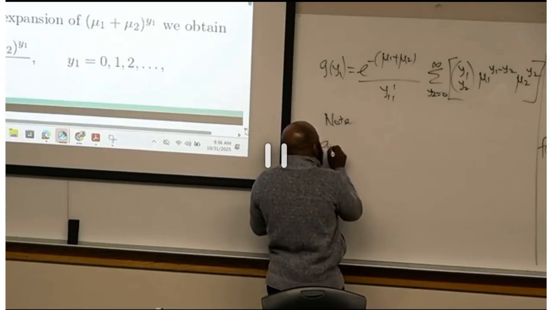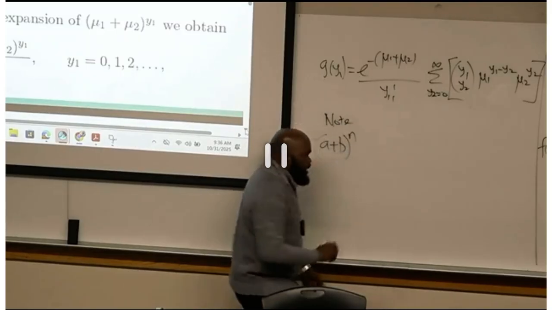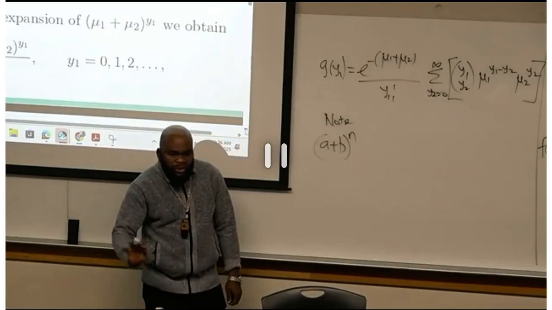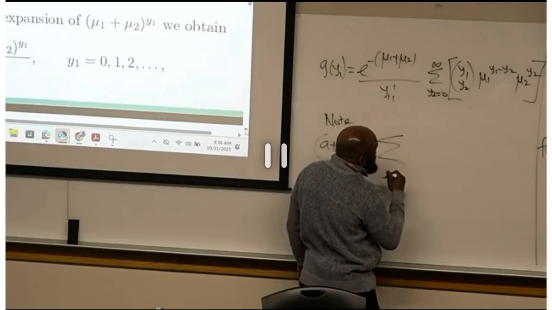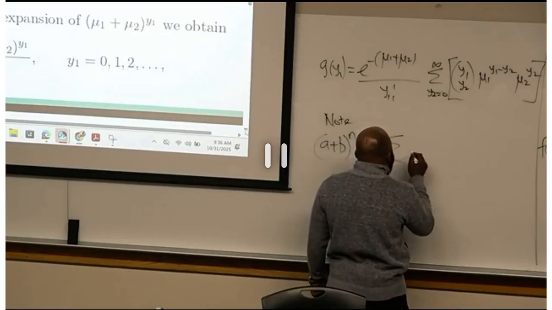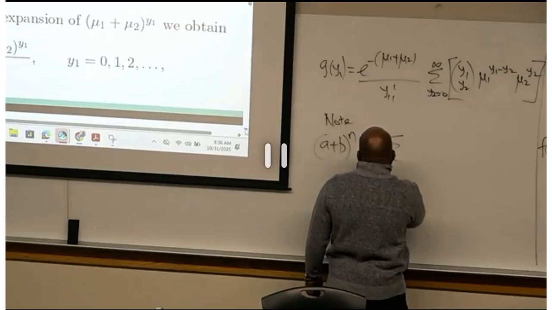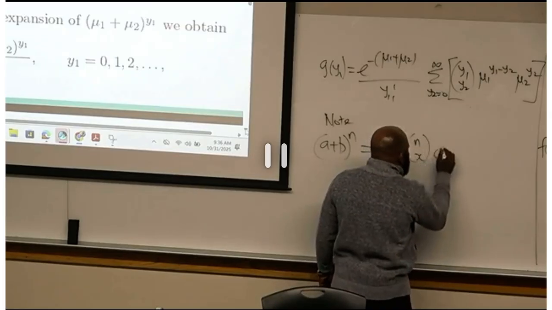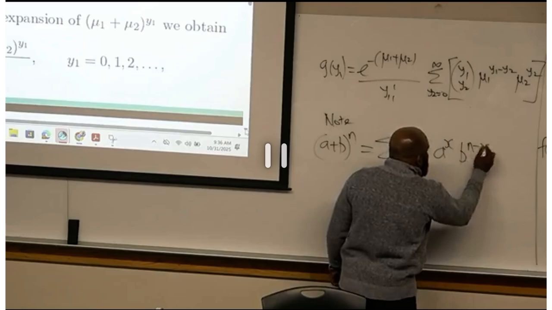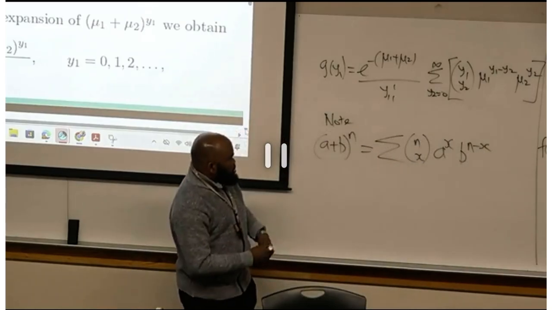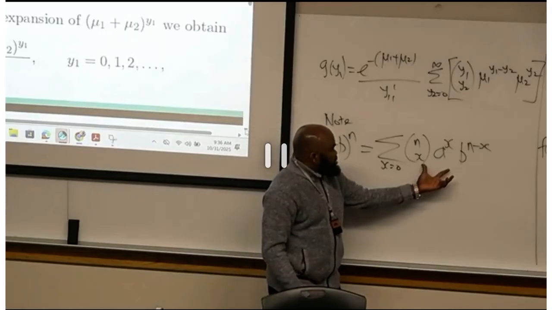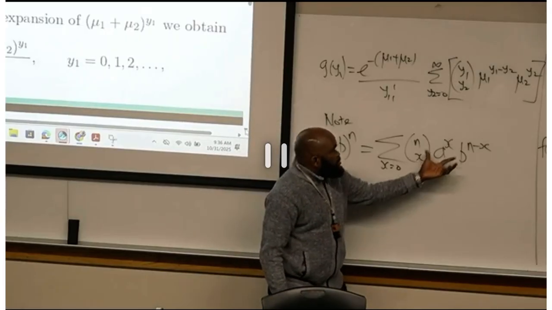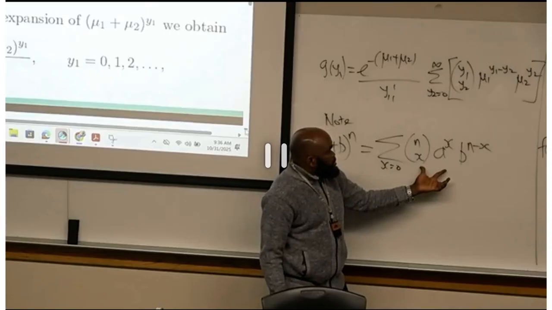Note that if I have (a plus b) raised to power n, I want to go mathematical. (a plus b) raised to power n is the summation over x, starting from 0, of n combination x, a raised to power x, b raised to power n minus x. If you take a look at what I have here, this is looking like that. Let's see whether it's looking like that.